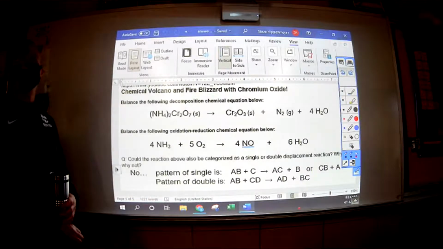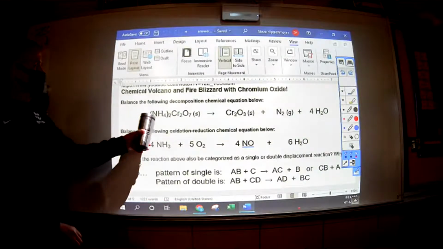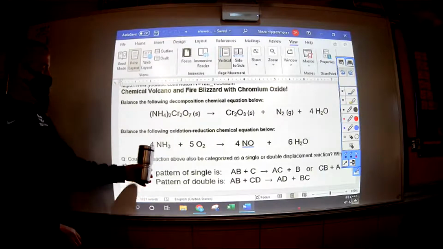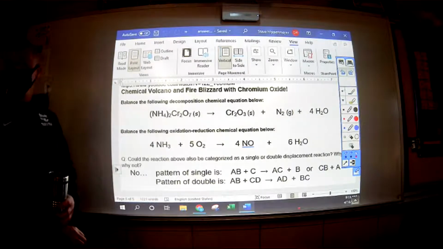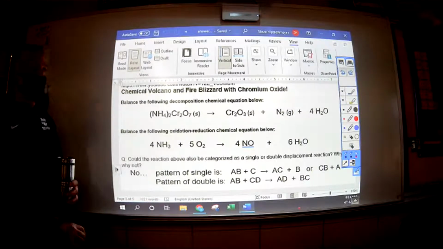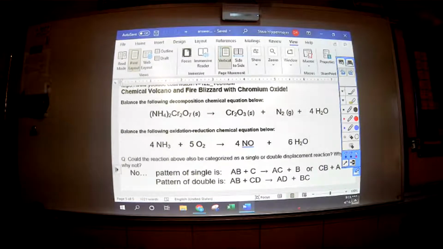Two well-known demonstrations. Balancing this one and this one right here. This one was especially challenging. Questions on any of this? This is a nice indication. This thing was really good for explaining how many catalysts work. Take a look at this for a second.